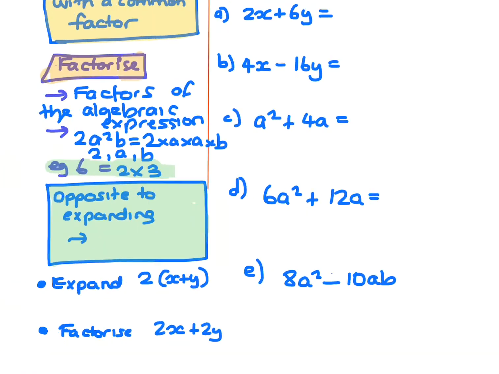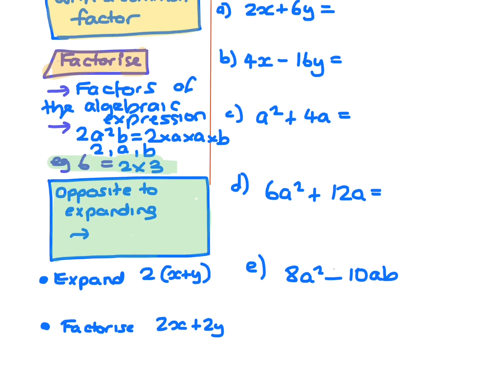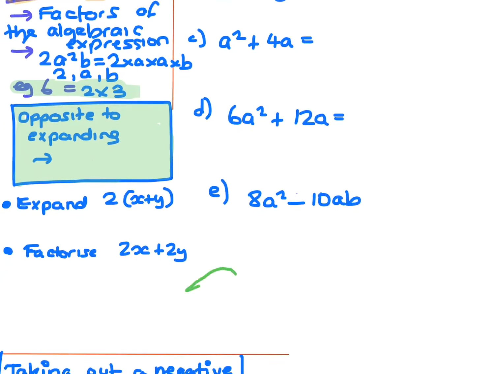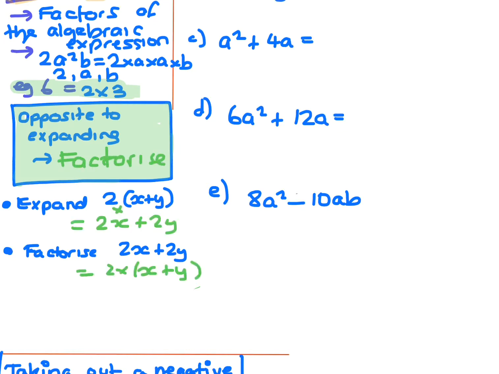You just really have to be very careful when you're doing this, that you take out, so opposite to expanding is to factorize. So you do have to be careful when you're looking at this, that you take out the highest common factor.